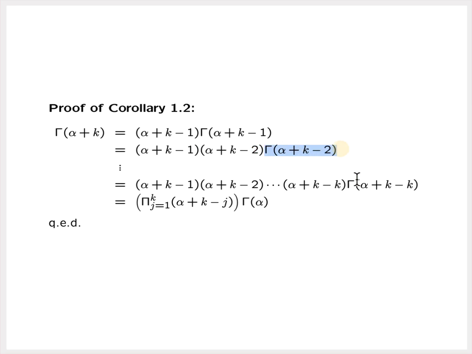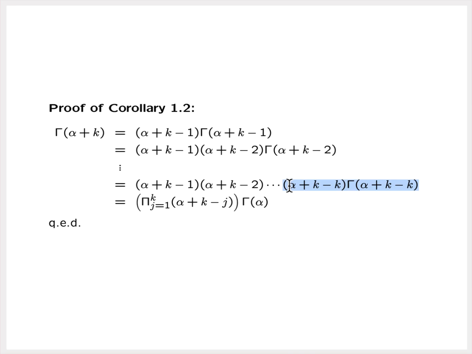Then the gamma function evaluated at alpha plus k minus 2, again appealing to Theorem 1, would be alpha plus k minus 3 times the gamma function evaluated at alpha plus k minus 3, and so on, until we get to alpha plus k minus k times the gamma function evaluated at alpha plus k minus k.